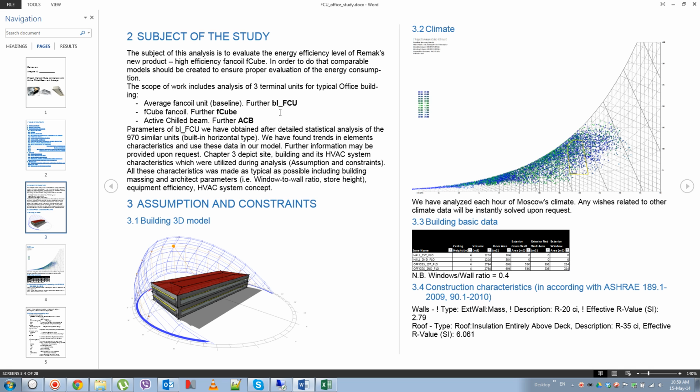And it's also important that the active chilled beam with variable fresh air volume was provided with constant total air volume, but a different percentage of recirculation and fresh air in the economizer of the air handling unit.